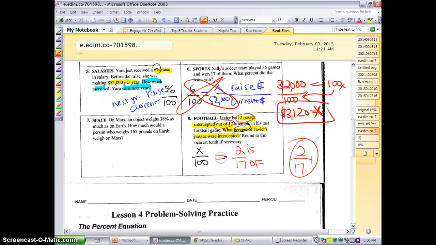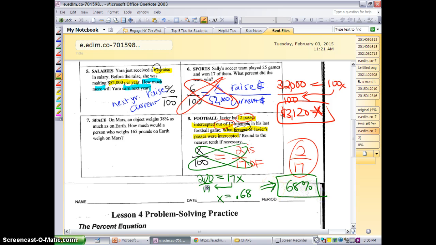Then I'm going to make them equal to each other, and then from here I'm going to solve. 2 times 100 is 200. Cross multiply 17 with x, which is 17x. Bring your equal sign down. Then to find x, I'm going to bring the 17 and divide it with the 200, and that will give me x will equal 0.68, which is the same percent as 68%.